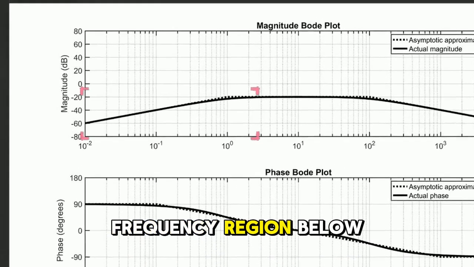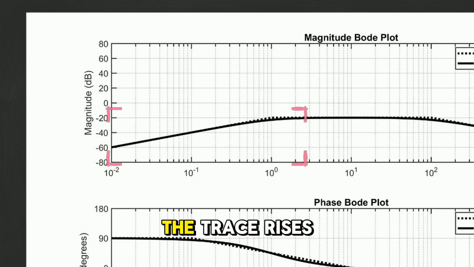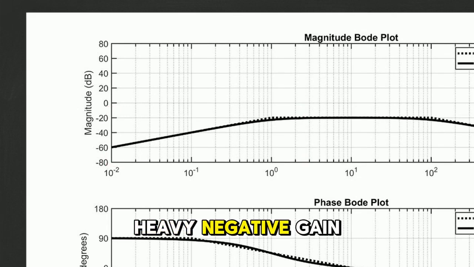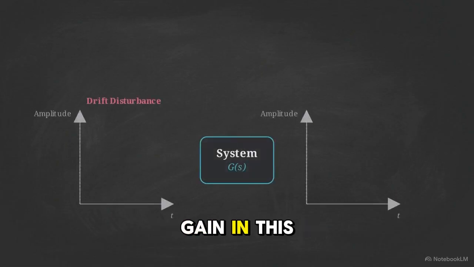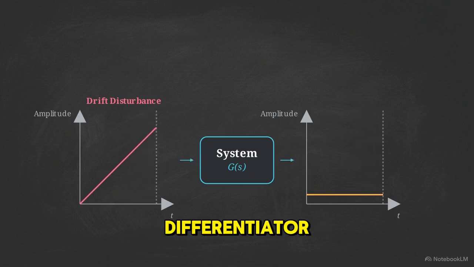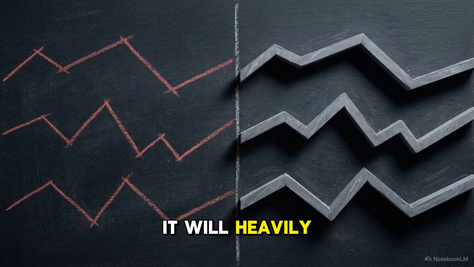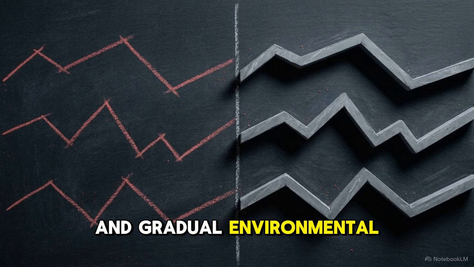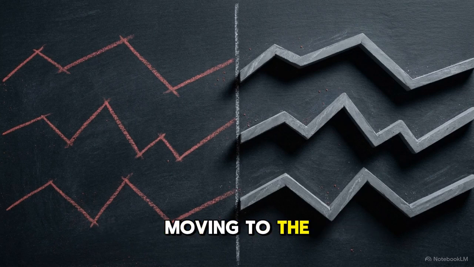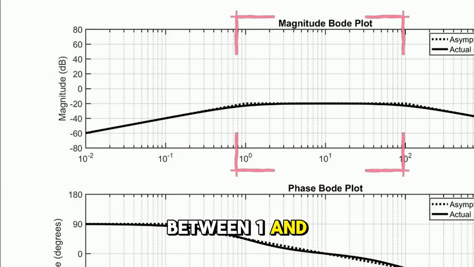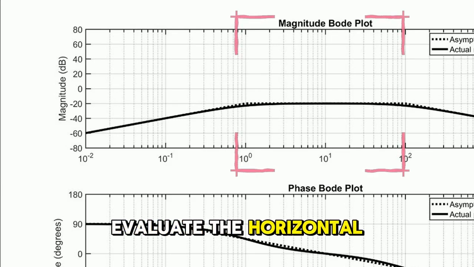In the low-frequency region below 1 radian per second, the trace rises steeply from a heavy negative gain. The extreme low gain in this region means the system acts as a differentiator. It will heavily suppress slowly varying inputs like DC offsets, sensor drift, and gradual environmental disturbances. Moving to the mid-frequency region, between 1 and 100 radians per second, we now carefully evaluate the horizontal plateau.